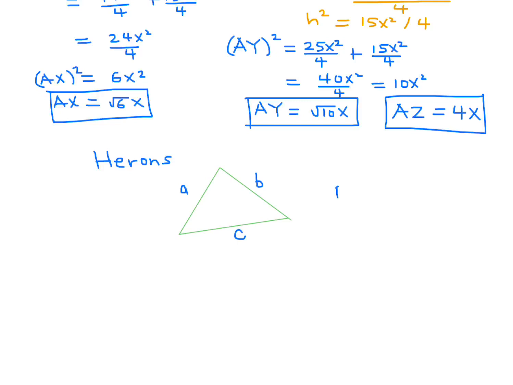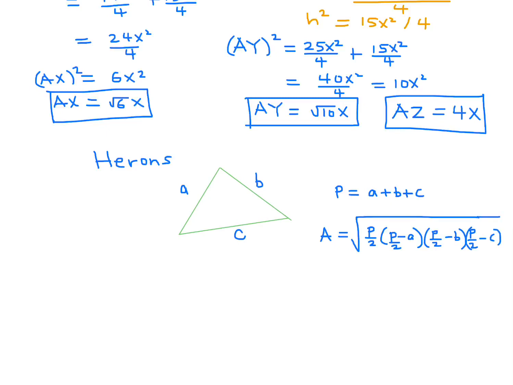First thing that you do is you find the perimeter, which is, of course, A plus B plus C. And then the area is the perimeter over 2 times the perimeter over 2 minus A times the perimeter over 2 minus B times the perimeter over 2 minus C, like that, all under the square root sign. And this will give you the correct answer.